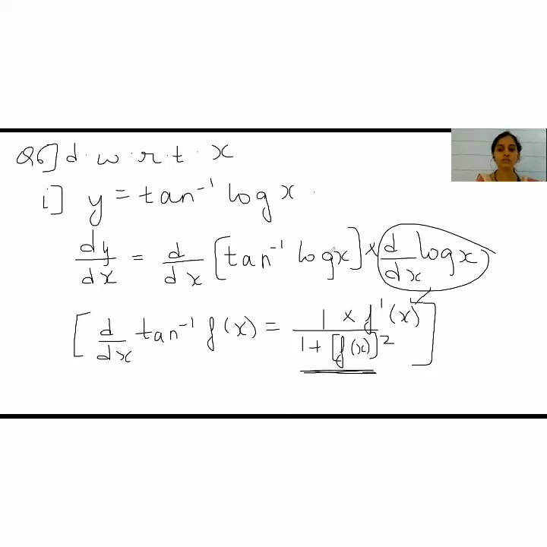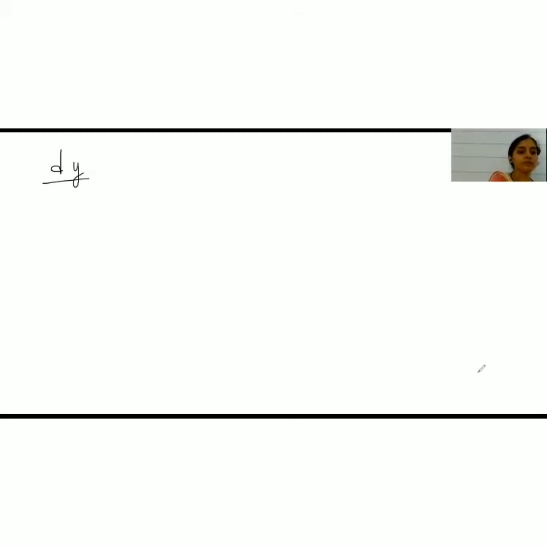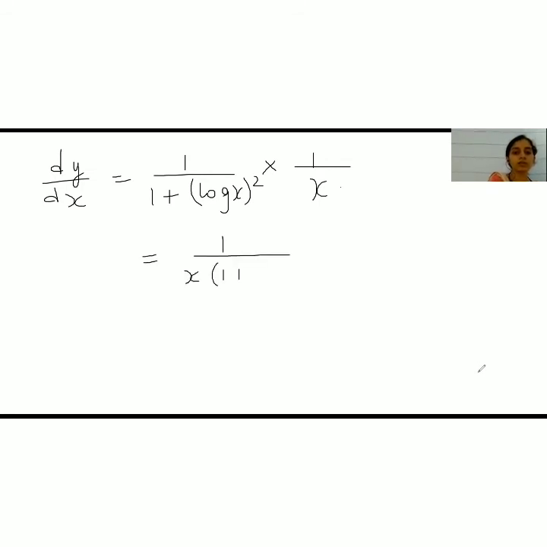What is our f of x? It is log of x over here. So dy by dx will be equal to 1 upon 1 plus log of x the whole square, right, multiplied by derivative of log of x, that is 1 upon x. So the answer is 1 upon x, 1 plus log x the whole square, right? You can also write it as 1 plus 2 log of x.